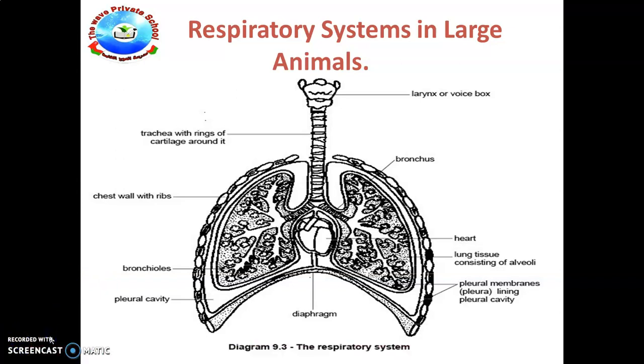And also we cannot say that all animals have the same respiratory system. Fish have gills, mammals have lungs, and many insects have a tubular system that carries air to the most actively respiring organs. All these types of respiratory systems provide a large thin surface that is suitable for gas exchange.